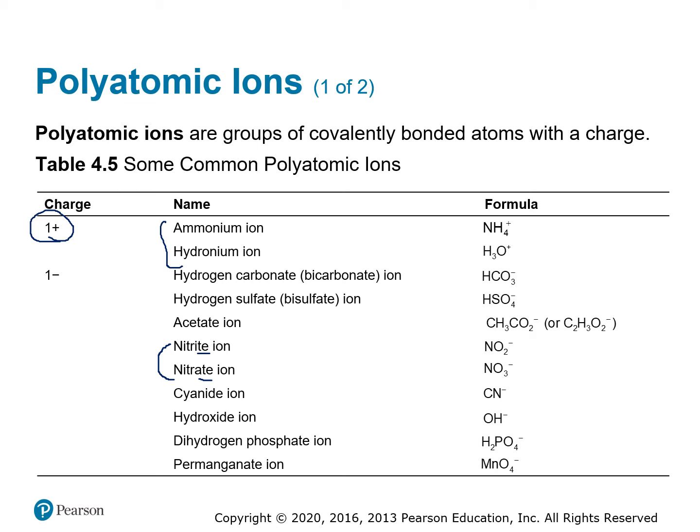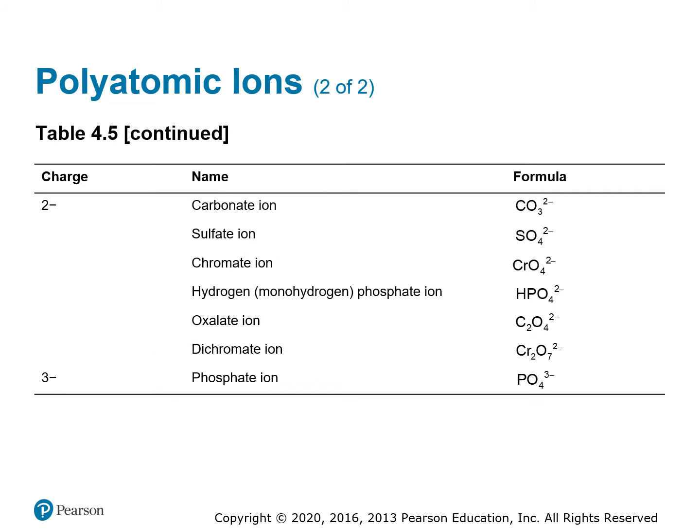Cyanide ion, CN-, hydroxide ion, OH-, dihydrogen phosphate ion, H2PO4-, permanganate, and then you have these with the 2- charges, which are carbonate, sulfate, chromate, hydrogen phosphate ion, oxalate, and dichromate.